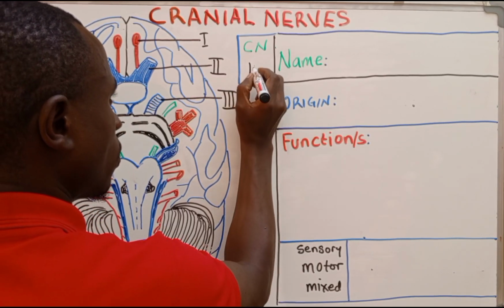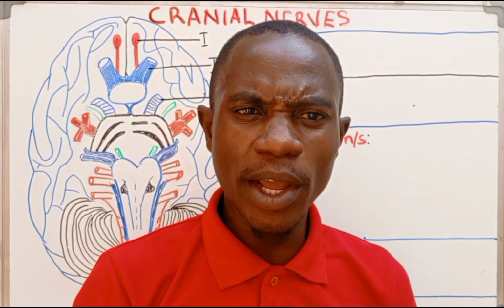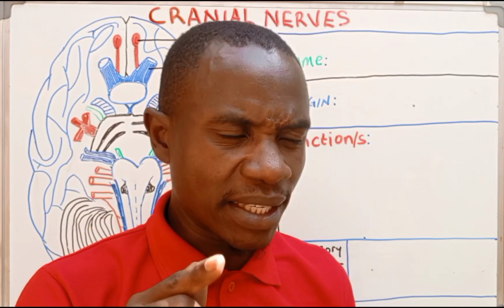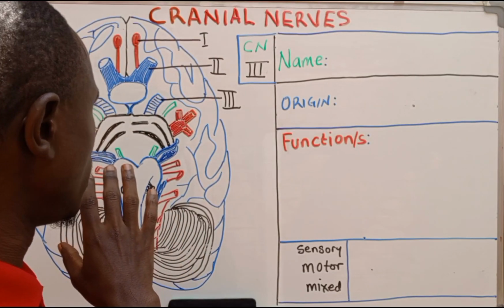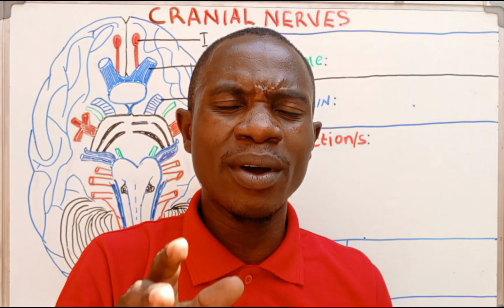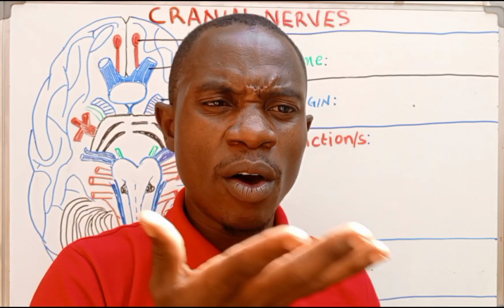So now we are going to be talking about cranial nerve number 3. It is part of the midbrain, which is also the brain stem. But something very unique with this nerve is that it is going to be moving at the level of the superior colliculi, which is responsible for visual reflexes.